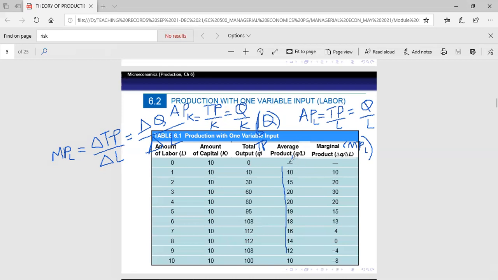You are leaving this one blank because it was 0 divided by 0, right? So here it will be 10 divided by 1, which is 10. Then here it will be 30 divided by 2, which is 15. 60 divided by 3, which is 20.